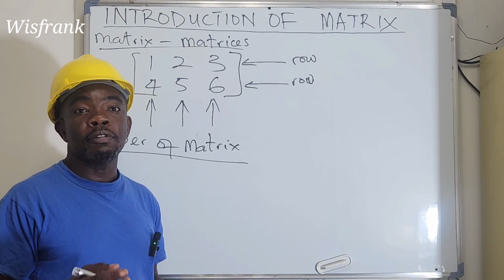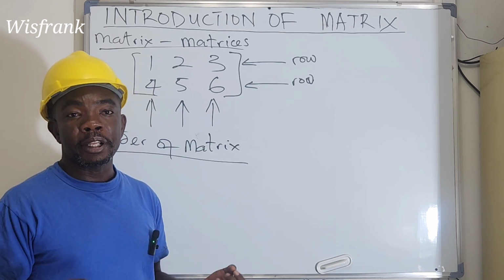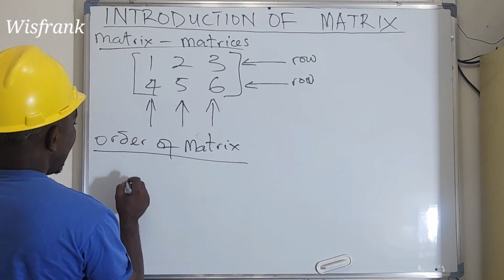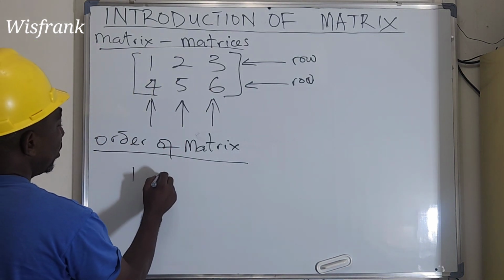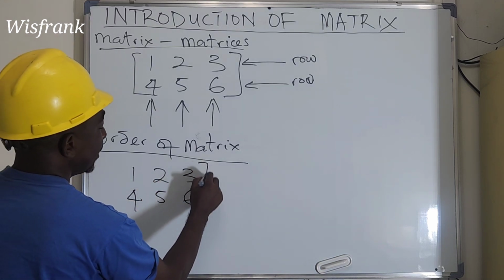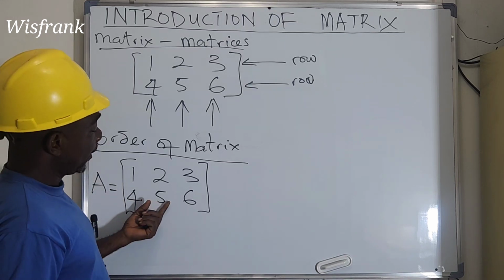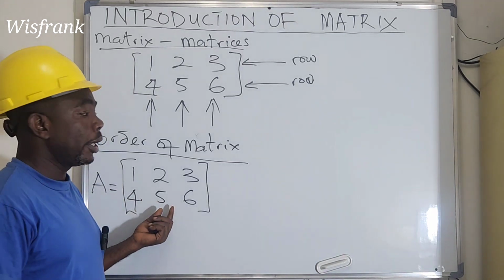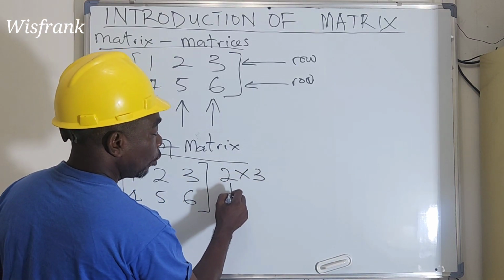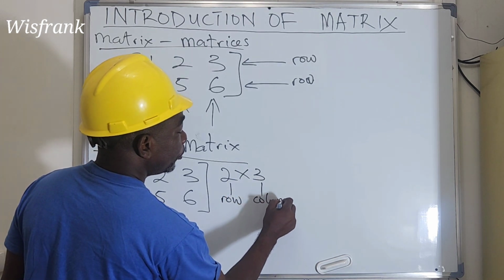We said that the elements of this matrix are arranged in rows and columns to form either a rectangular or a square array. So if we have this matrix, 1, 2, 3, 4, 5, and 6, this is a matrix called A. This is a 2 by 3 matrix. When we write 2 by 3 matrix, it means that the first one is the row and the second one is the column.